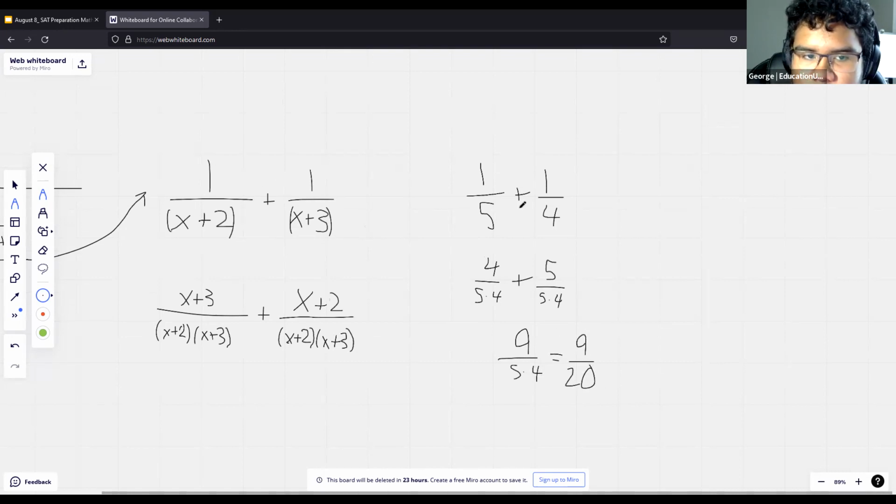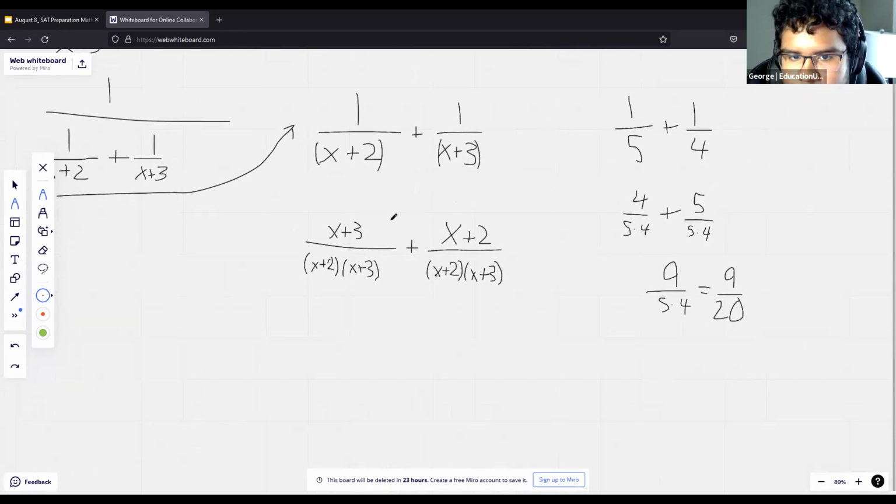That's the same principle we are doing here, because as you can see in this first one, the terms cancel so that it becomes 1 over 5 again. Likewise, 5 over 5 cancels on the right side, so it becomes 1 over 4 again. But we're just writing it like this so that we can add them together. And from here, when you add them together, we end up with the top half being 2x plus 5 over this whole thing again.